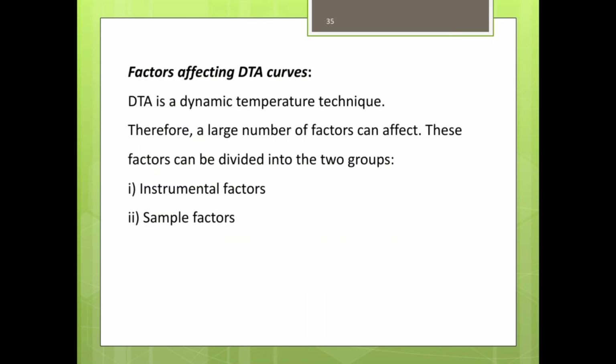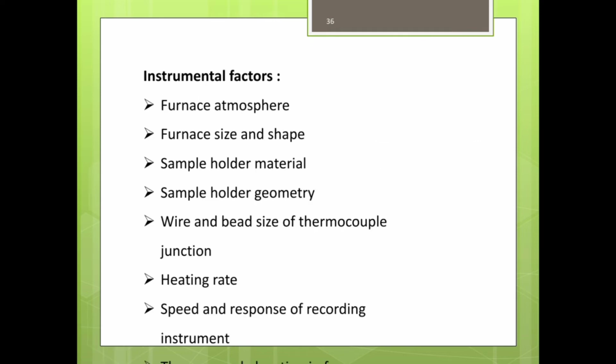Factors affecting the DTA curve. DTA is a dynamic temperature technique, therefore a large number of factors can affect it. They are divided into two groups, instrumentation factors and sample factors. Instrumentation factors: furnace atmosphere, furnace size and shape, sample holding material, sample holder geometry, wire and bead size of thermocouple junction, heating rate, speed and response of recording instrumentation, thermocouple location in furnace.